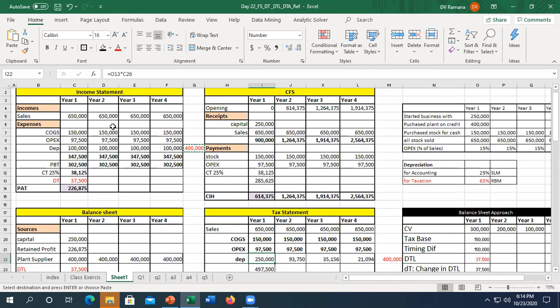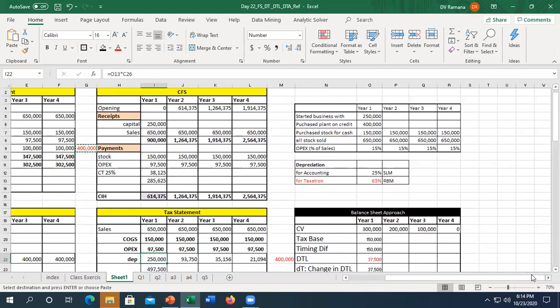However, depreciation at each year is different. So depreciation over a period of time is the same, but depreciation at a point of time is different, which results in the creation of a temporary difference. And that temporary difference creates DTL. And that's what we are going to see now.